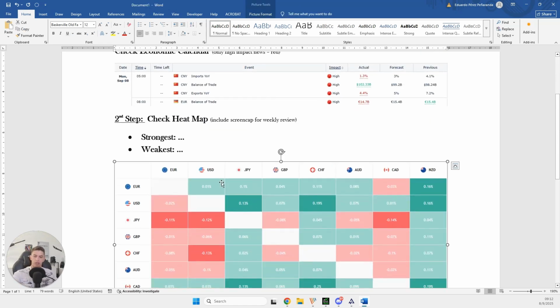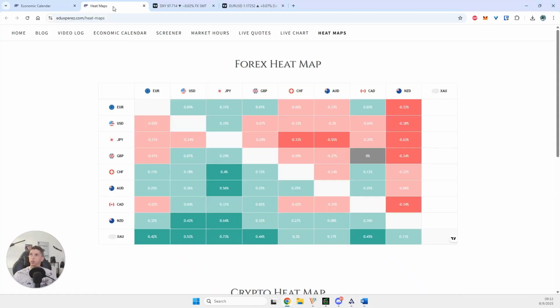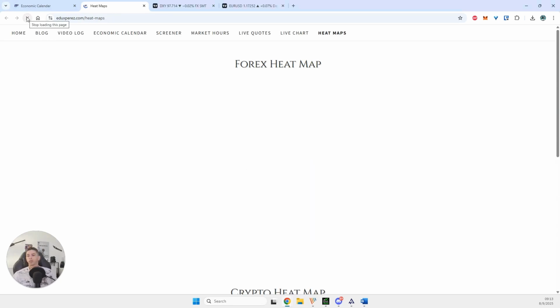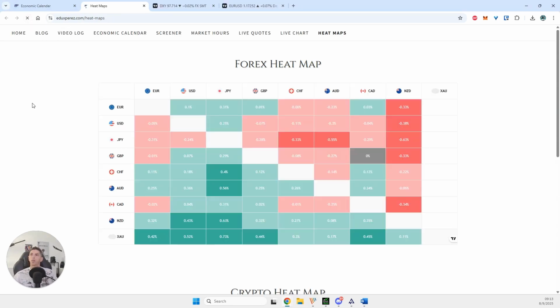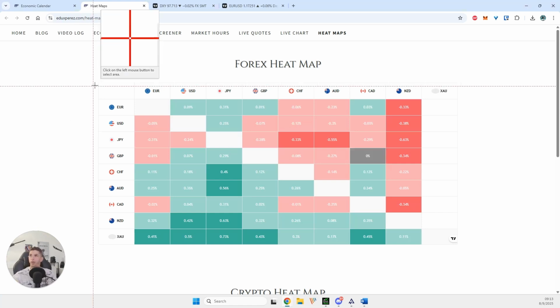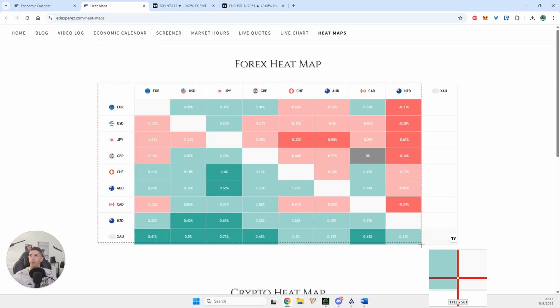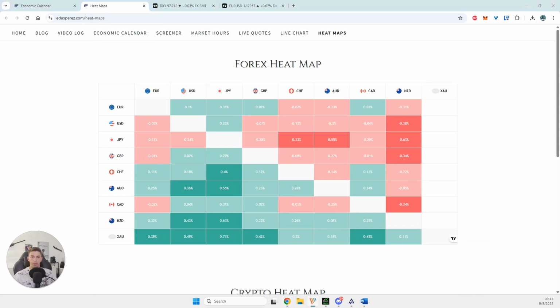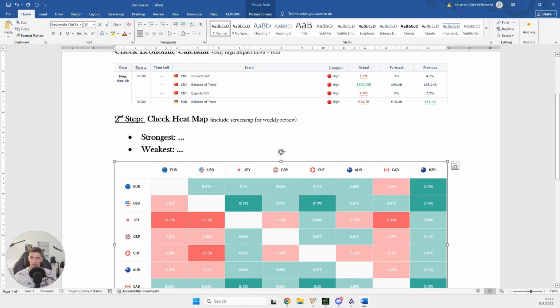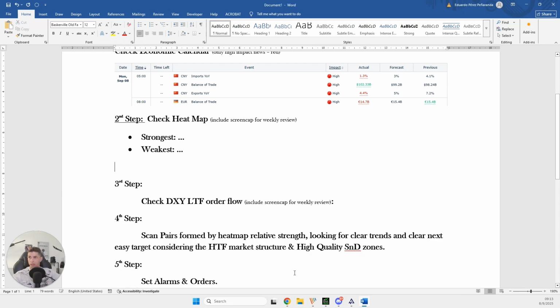Let's check the heat map to do a relative strength analysis. All right, so what do we have here? Apparently, gold pretty strong all across the board. As you all know, we have a specific trading approach for gold, so we don't take it into account for this specific analysis.